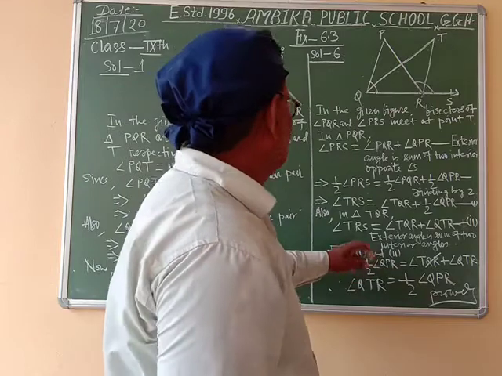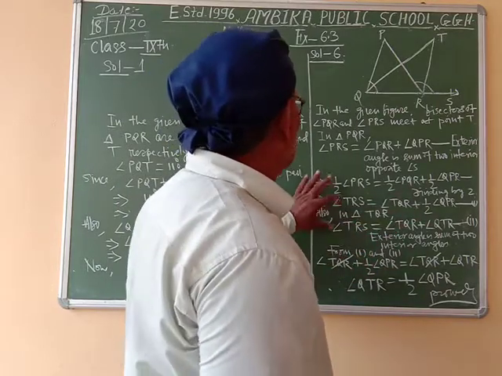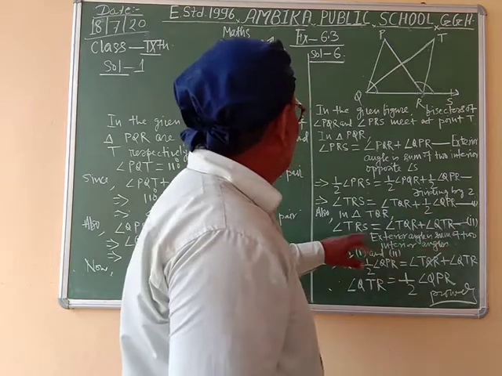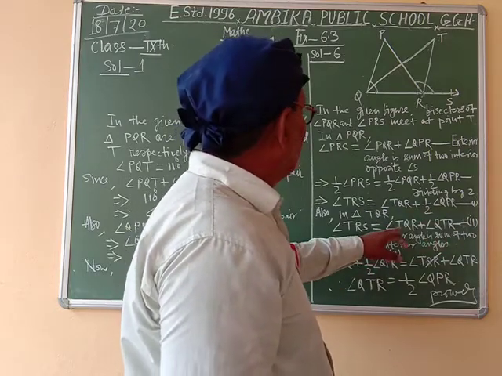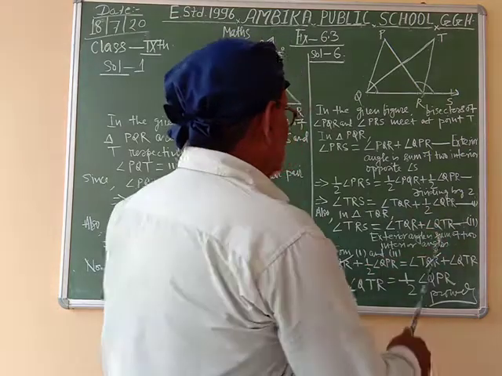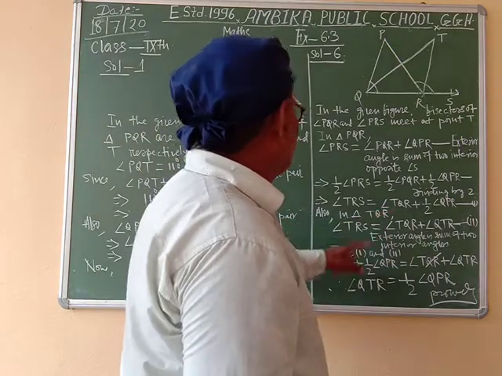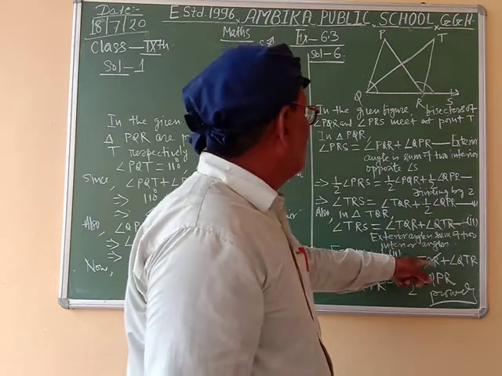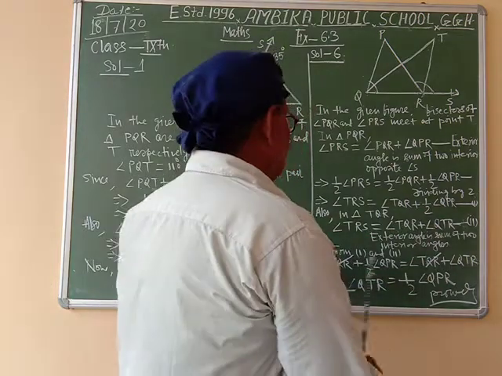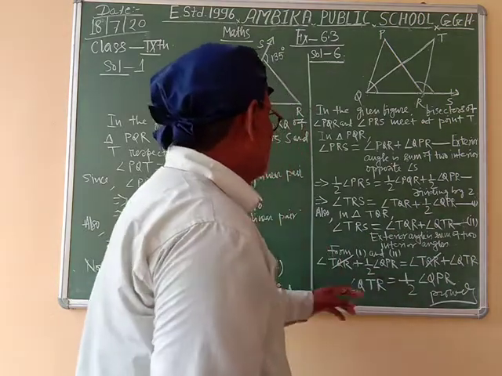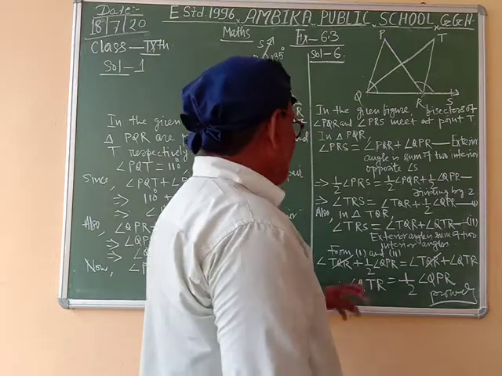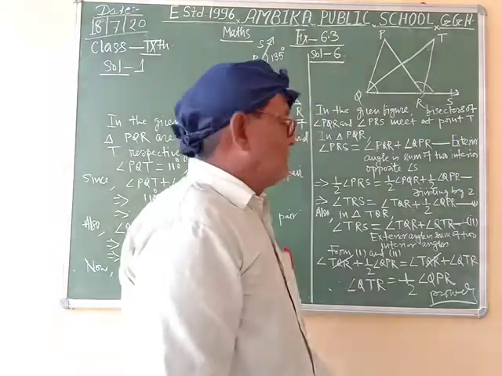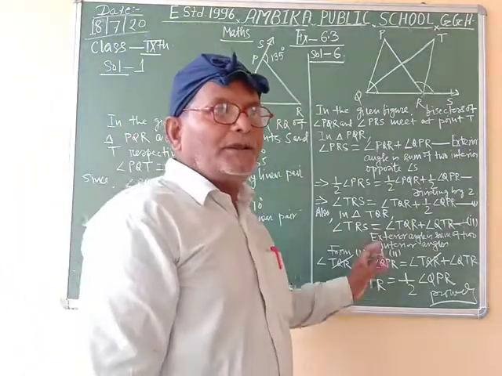From 1 and 2, angle TQR plus 1/2 angle QPR is equal to angle TQR plus angle QTR. Here TQR is common on both sides, so angle QTR is equal to 1/2 angle QPR. It was to be proved.